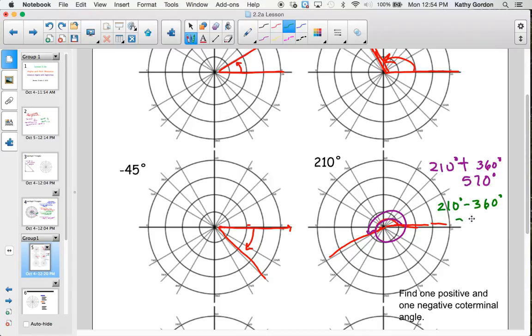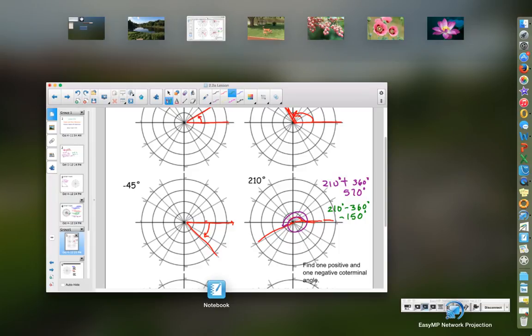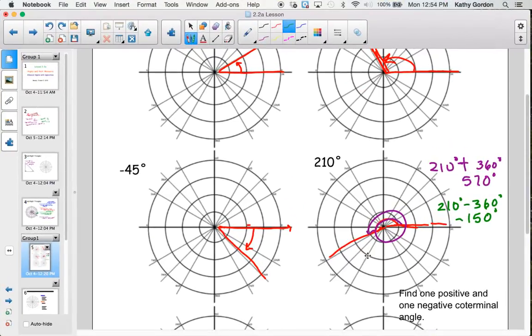So we end up with a negative 150 degrees as a negative coterminal angle. So that means we started here and went this way to get to that terminal side. Okay, makes sense? Because you're going to be doing that in homework, so everybody clear on that?